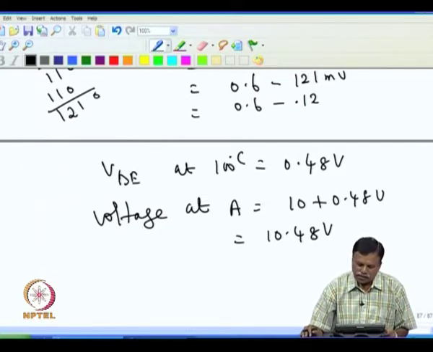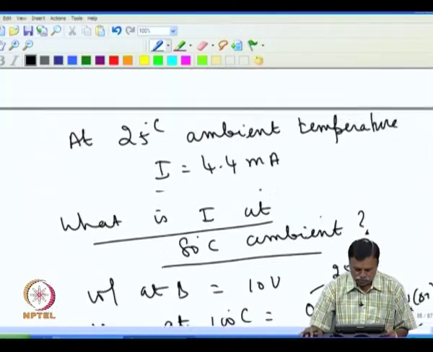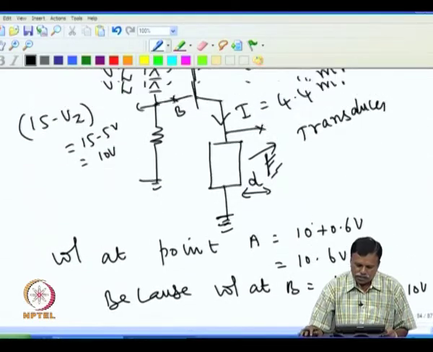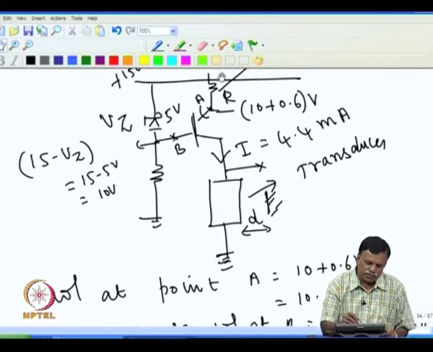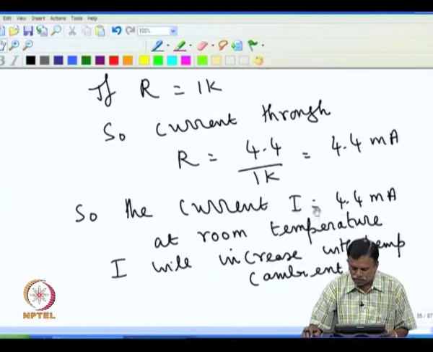Now we have to find out the current flowing through the resistance R1, because now we know the voltage at A is 10.48, and this is 15. So the voltage across R is now 15 minus 10.48, and divided by R will give the new current.